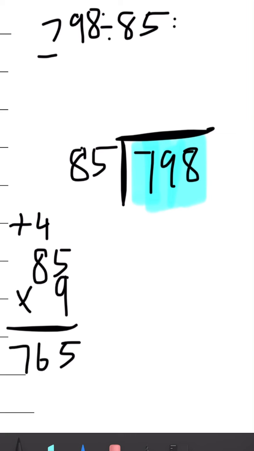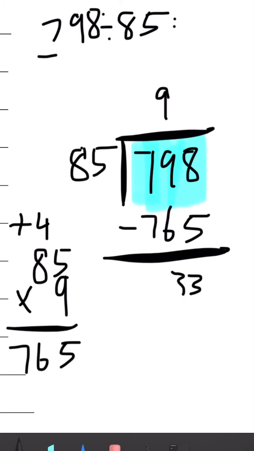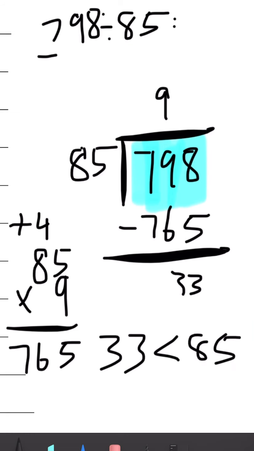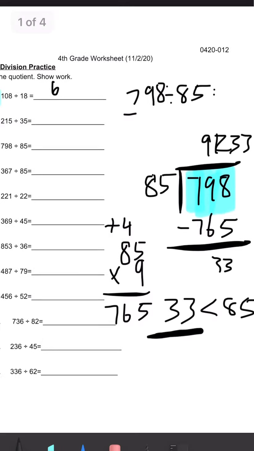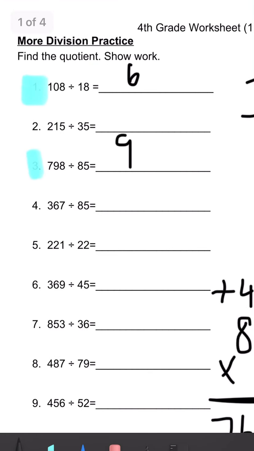Okay, so we'll write 9 up here and subtract 765. We get 33, and 33 is less than 85. 33 is going to be our remainder. So we'll write 9 remainder 33.